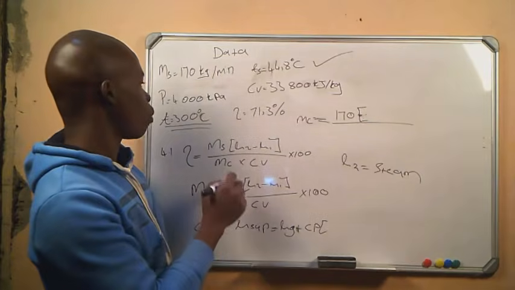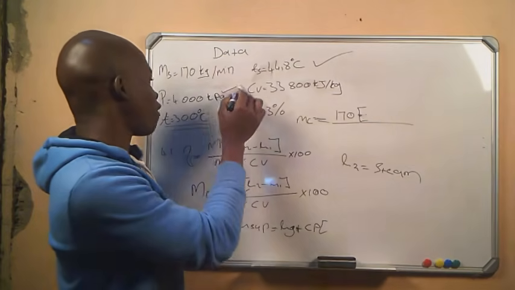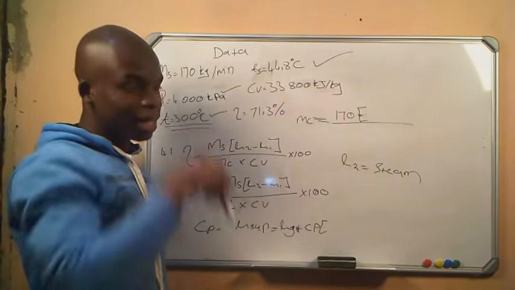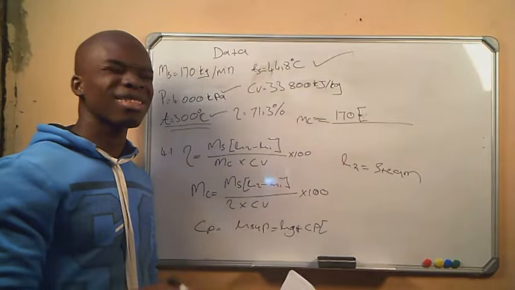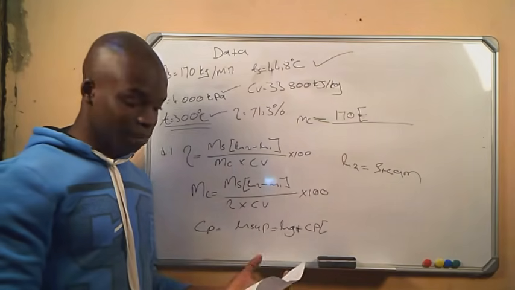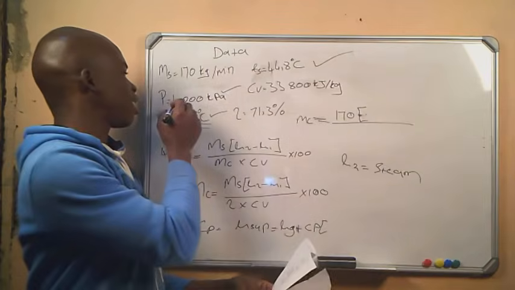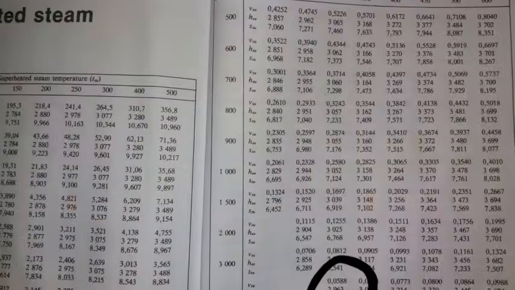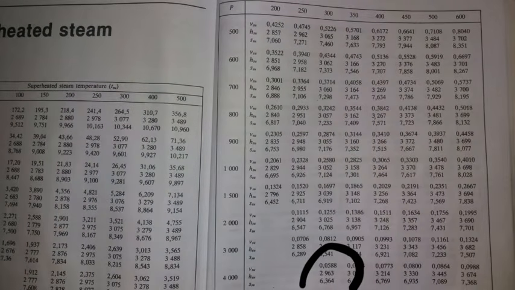Because we have our pressure and our temperature, we can go to the steam table of superheated steam and look for a pressure of 4,000 and a temperature of 300. Where they meet, we extract the value of H, which I got as 2936.